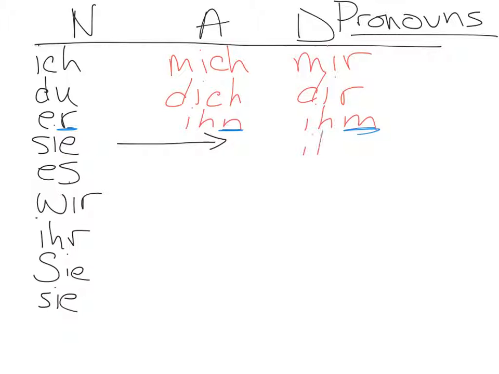Good. And same thing there. Die, and then it was die because there was an e there, and that changes to der. Okay. What about es? Es stays es, and then it changes to ihm. It's the same thing there. Das, dem.